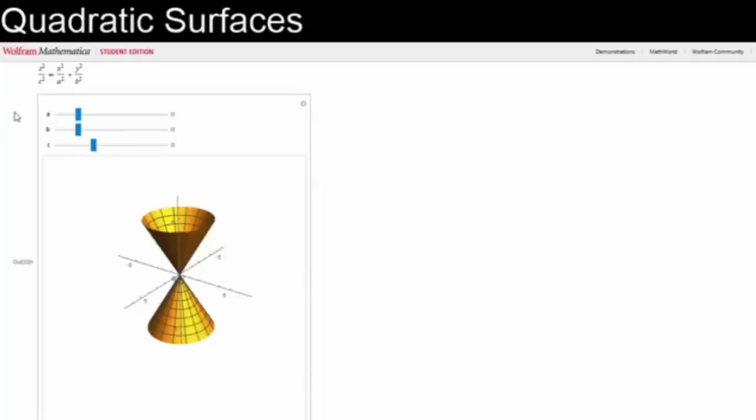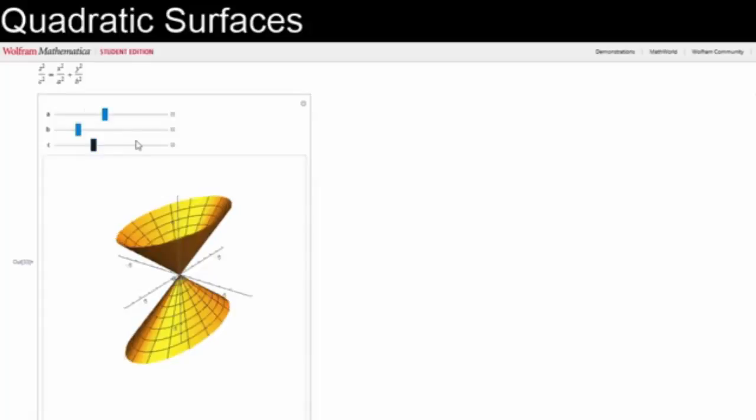It'll give what's called a level curve, or a trace, as they're called in the textbook. We'll see that we just get x squared over a squared plus y squared over b squared equals some constant. That's a circle if a and b are the same. If they're not, we get, of course, an ellipse.